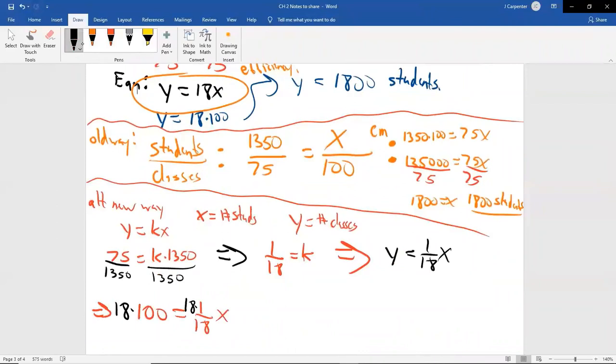We're used to seeing 18 times x, so we divide. Well, if you see a division, you multiply. So those 18's cancel, giving you 1800 equals x, which was the number of students, the same answer. So we just did the same problem 3 different ways, and we got the same answer each time.